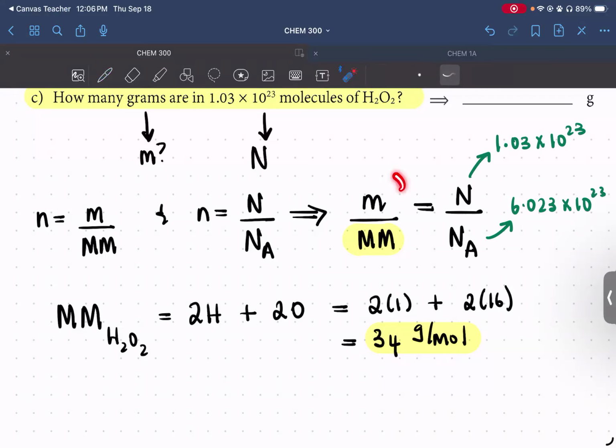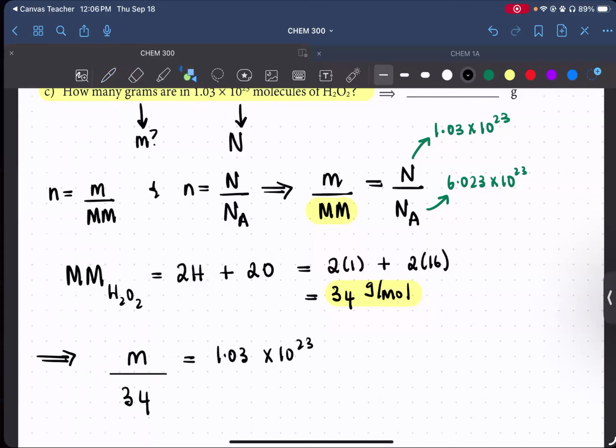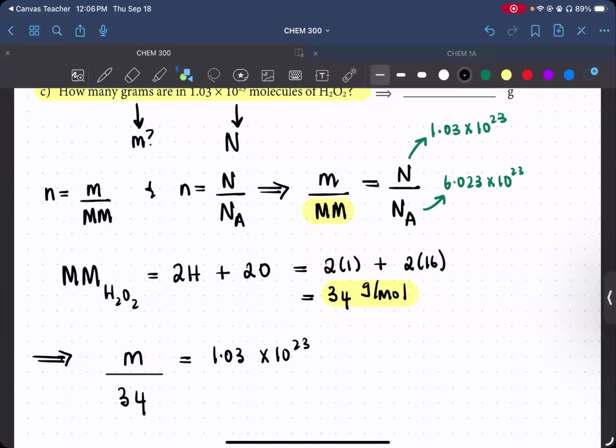So all that's left is to plug in everything and solve for M. This becomes M over 34 is equal to 1.03 times 10 to the 23, all over 6.023 times 10 to the 23.